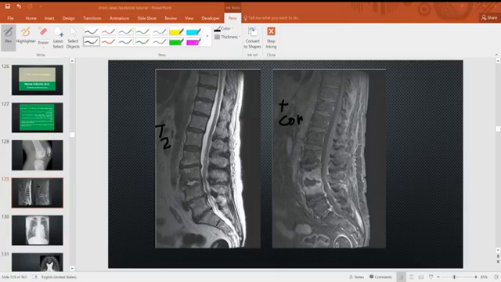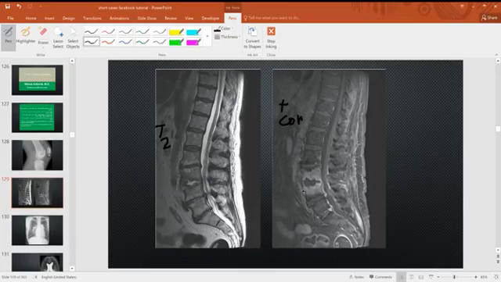This is infective spondylodiscitis. As we see here in the T2, we have a fluid intensity in the disc space, and the disc space is decreased, and also some irregularity of the end plates with some edematous changes.